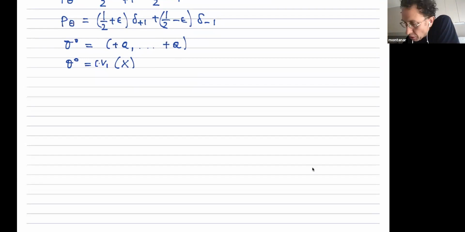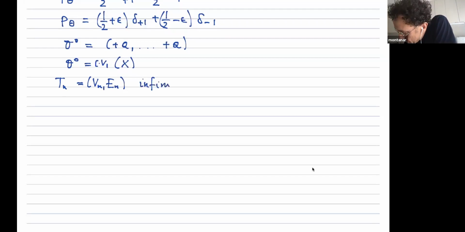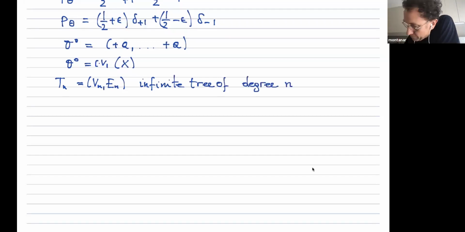So perhaps I'll go ahead describing the second interpretation. The second interpretation is in terms of trees. So let me construct a tree Tn with vertex set Vn and edge set En. This is the infinite tree of degree n.